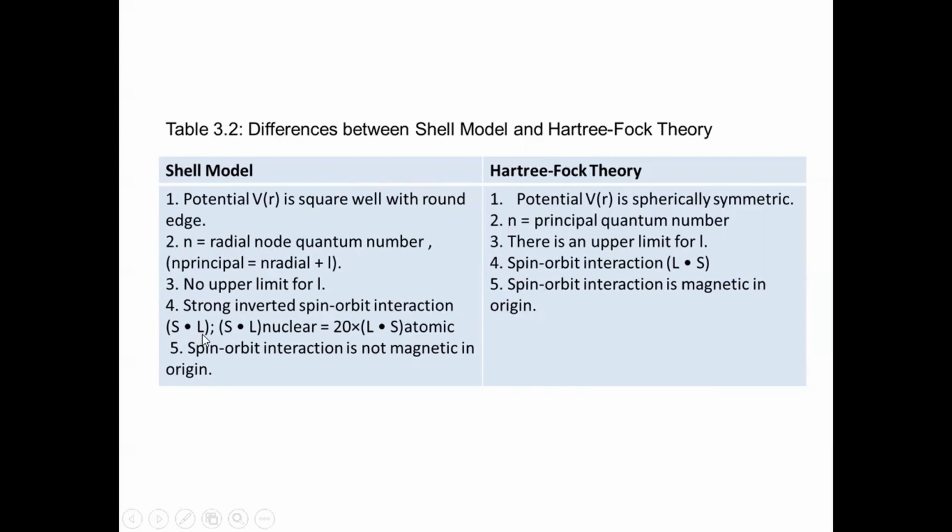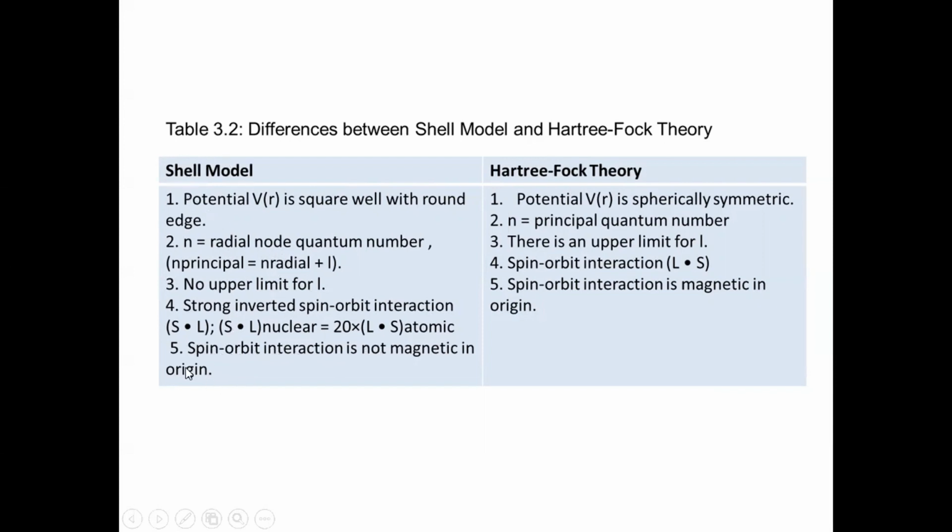S and L coupling is there. The nuclear spin-orbit coupling is about 20 times stronger as compared to the atomic spin-orbit coupling. The spin-orbit interaction is not magnetic in origin.